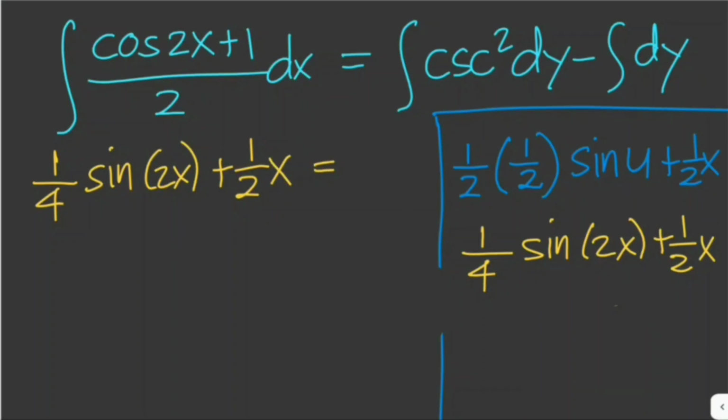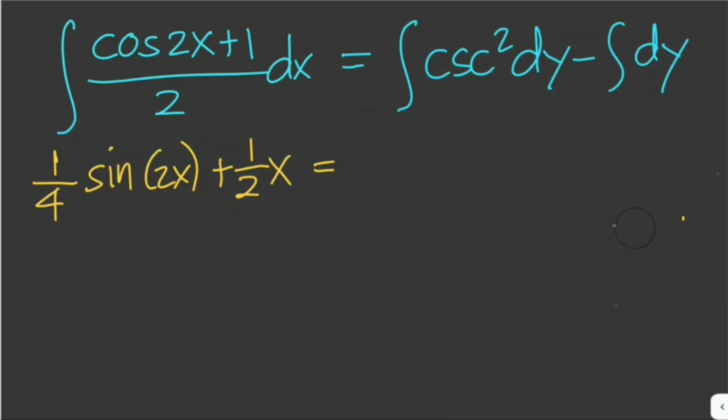Now let's work on the equation on the right, since we've already solved the equation on the left. Now we have here the integral of cosecant squared y dy minus the integral of dy. We know that the integral of cosecant squared y dy is equivalent to negative cotangent y, and minus the integral of dy, which is just y.